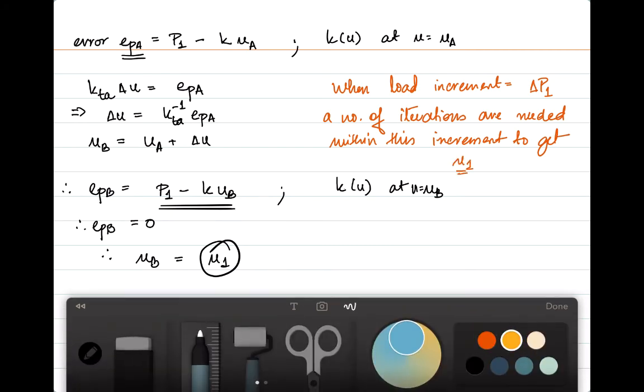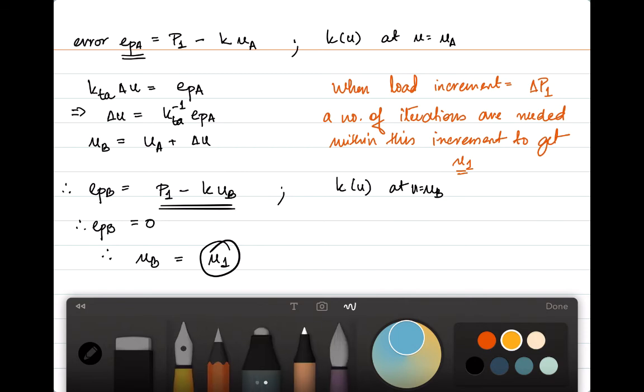So there are two terms now that have been introduced to you. One of them is the load increment, and the other one is iterations, or number of iterations. These are very important in a nonlinear analysis.